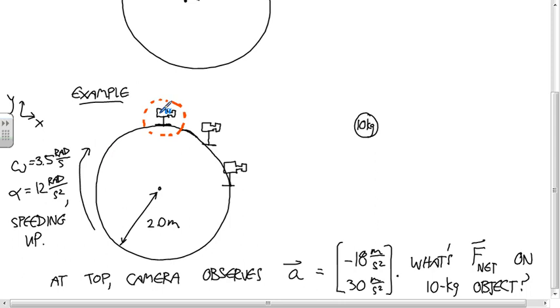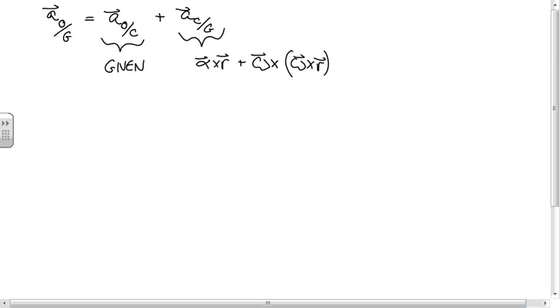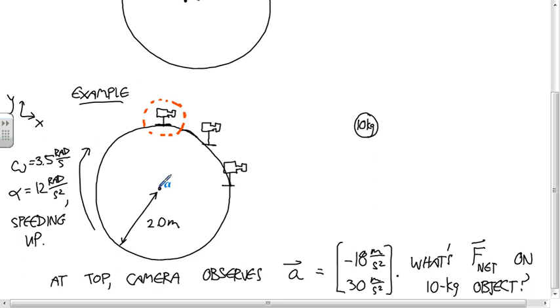This is moving clockwise. That means that the angular velocity is in the negative z direction with a magnitude of 3.5 radians per second. So omega is equal to 0, 0, negative 3.5. The angular acceleration, this is circular motion, so we know that the angular acceleration vector is parallel to the angular velocity vector.